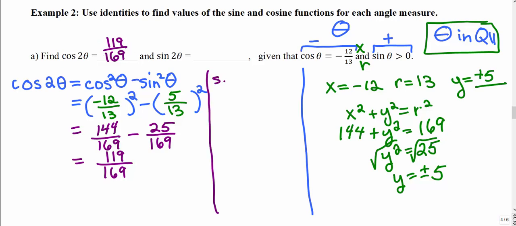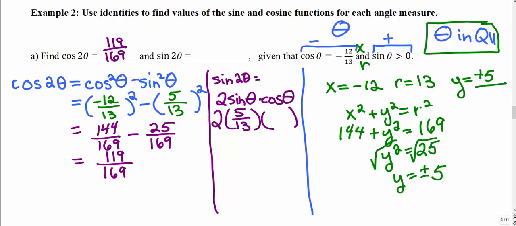Now we want to solve for sine of 2 theta. So for sine of 2 theta, we will use another one of our identities. Sine of 2 theta is equal to 2 sine theta times cosine theta. We actually know sine and cosine theta, so all we have to do is plug that information into the formula. Sine theta is 5 divided by 13.